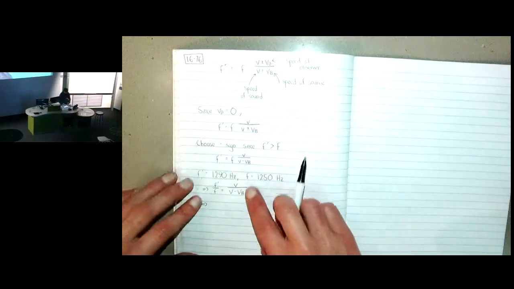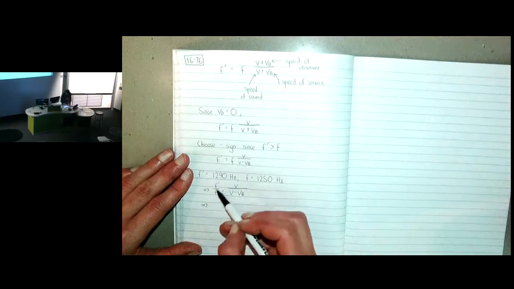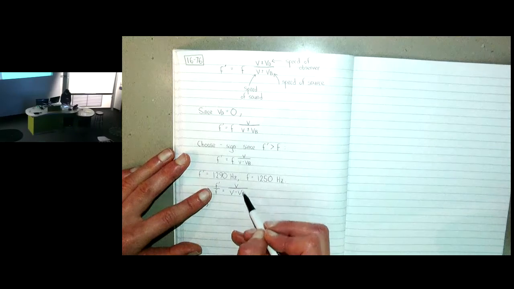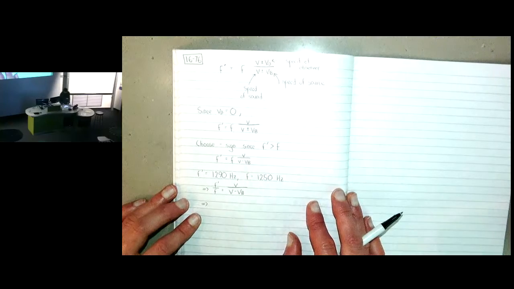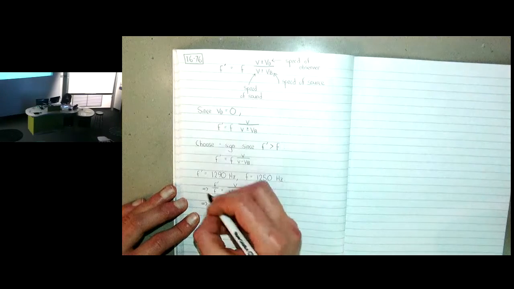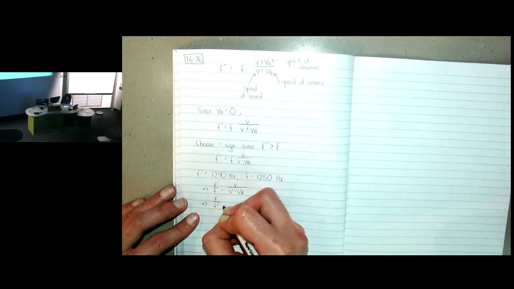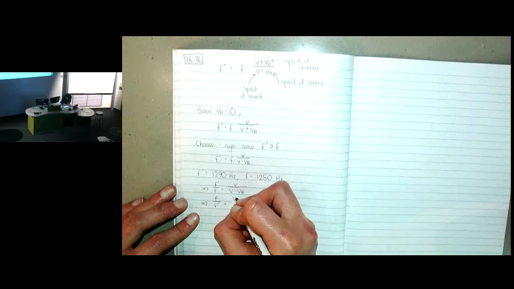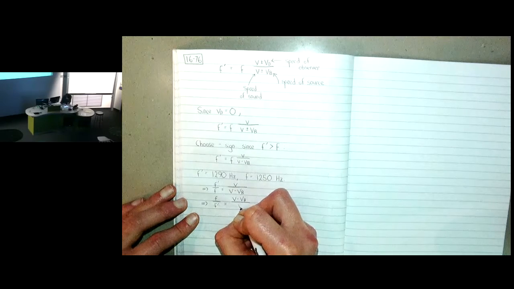We can turn both sides upside down, because if the set of fractions up one way is true, then if we turn them upside down, that's also got to be true. So this tells us that f divided by f prime is going to be equal to v minus vb divided by v.